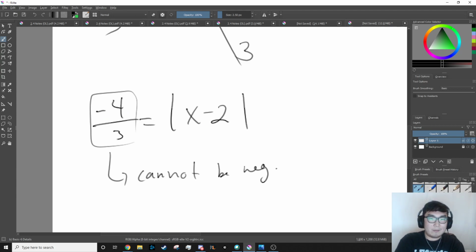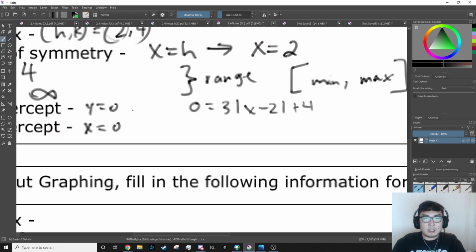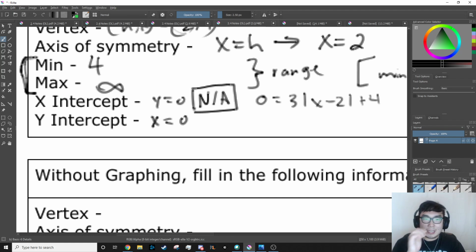I know everything that comes out of an absolute value is going to be positive. So this is no solution, or not applicable. And I'm gonna show you that by graphing it later. So pretty much I'm saying that I don't have any x-intercepts, which is perfectly fine.